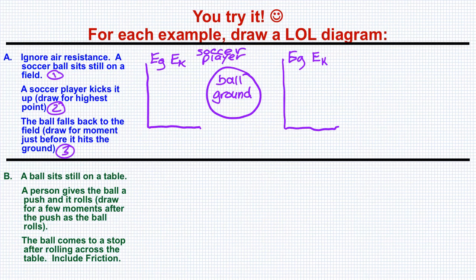So I'm going to call that my gravitational 0 line and pretend that there's no gravitational energy there, even though clearly the only place where there's not going to be gravitational energy from the Earth is at the very center of mass of the Earth, but that's a whole other story. So I don't have any gravitational energy. So, okay, I'm just going to put a little X on my axis there.